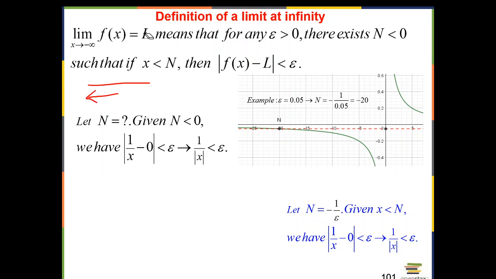But on the y we have the same thing. So the y part of the definition remains the same, but the x part we modify. Instead of saying if x minus a is less than delta, we don't have that anymore. We say if x is less than n, then the function values are within epsilon of L.